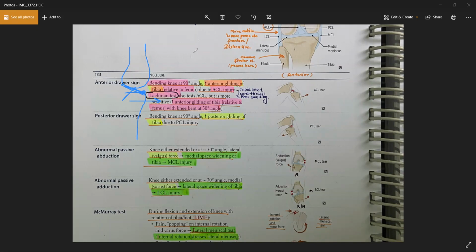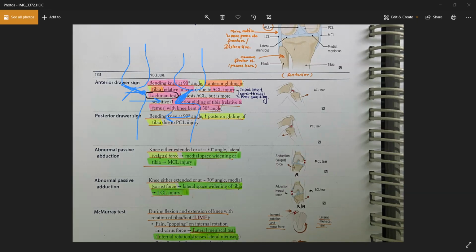Similarly, this is your tibia, this is your femur again, and you will have the posterior cruciate ligament. As you can see, this ligament is preventing the backward dislocation of my tibia.